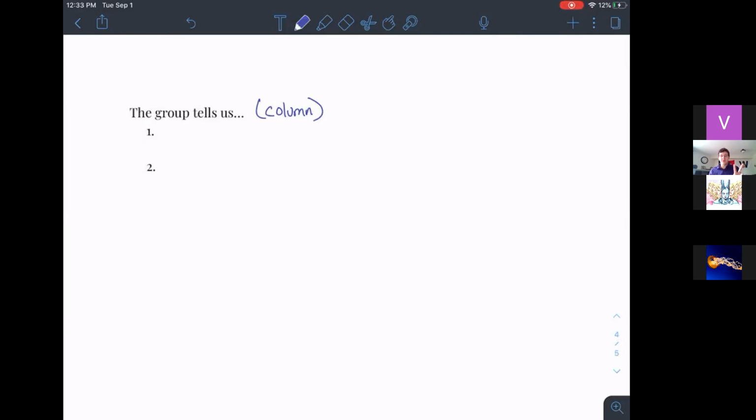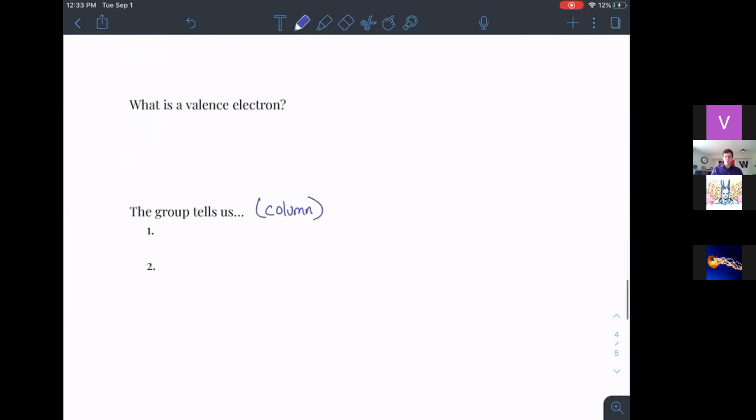That second thing we haven't covered yet, so that's a lead into something else we'll get to probably on Thursday or Friday. But if you figure out what that second thing is, or if you have a guess, go right ahead and throw it down. It's okay if it's wrong, but at least one of the two things you should be able to figure out by the end of this worksheet.